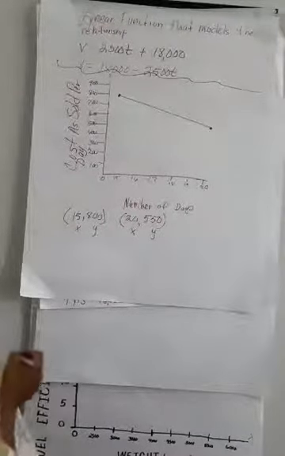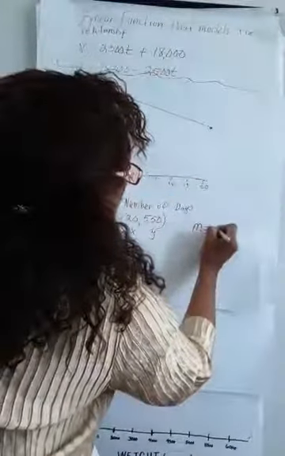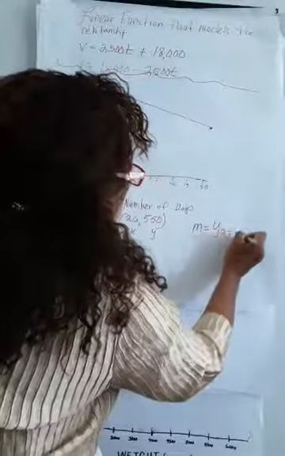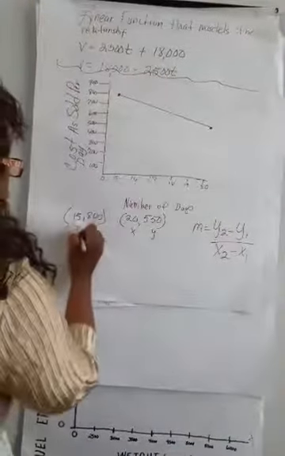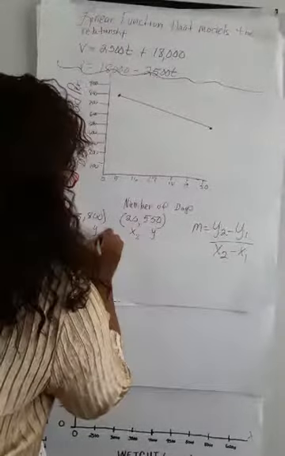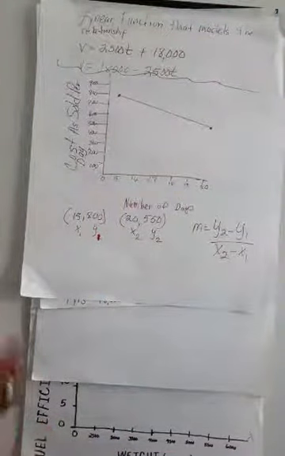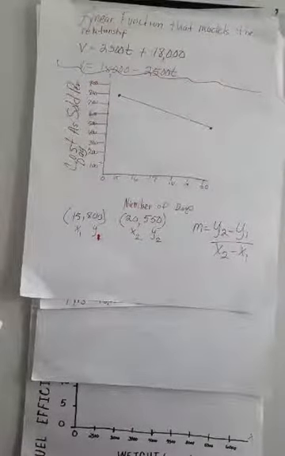You can also use the formula m equals y sub 2 minus y sub 1 over x sub 2 minus x sub 1. If you were to plug in that information, you notice it's y sub 2, y sub 1, x sub 2, x sub 1. So if you were to do that, what would your answer be? What would be your run and what would be your rise?